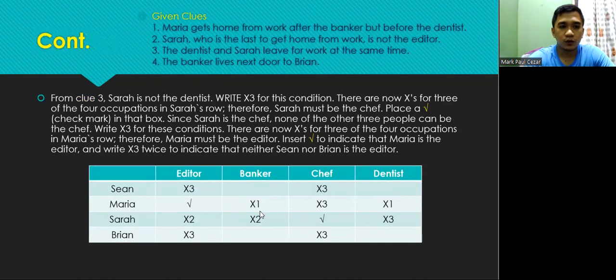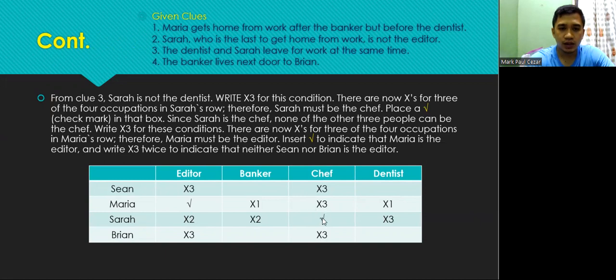So for clue 3, Sarah is not the dentist. So we're going to put an X mark here in Sarah's row and the dentist column. There are now X's for 3 of the 4 occupations in Sarah's row. If we look at the chart that we created, we already excluded 3 jobs for Sarah, and the remaining one is the chef.